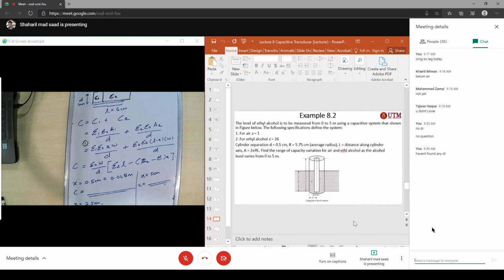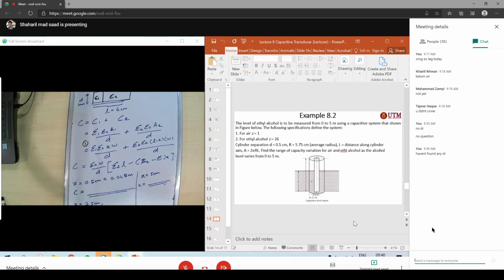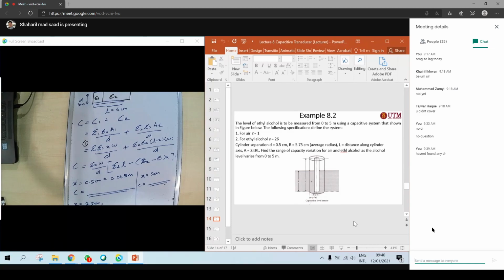All right, the next example is 8.2. The level of ET alcohol is to be measured from 0 to 5 meters using the capacitive system shown in the figure below. The following specifications define the system. For air, the dielectric constant equals 1, and for the ET alcohol, the dielectric constant equals 26. The cylinder separation between the small cylinder and the big cylinder equals 0.5 cm.